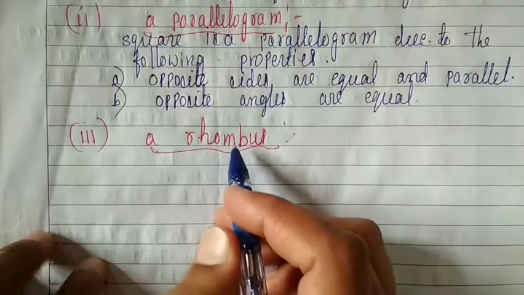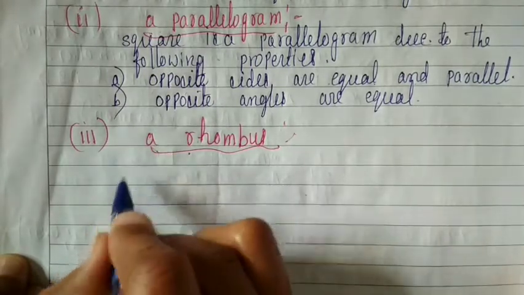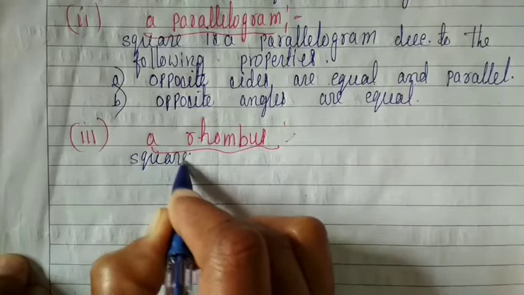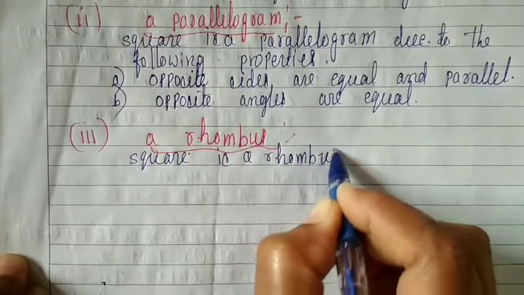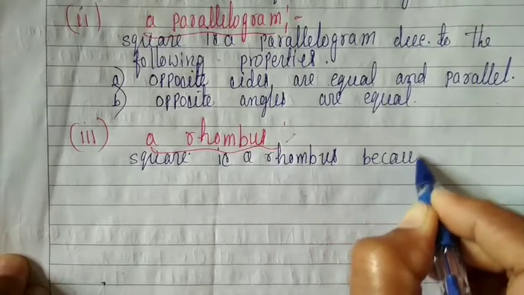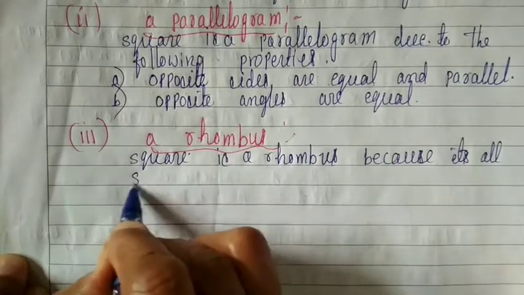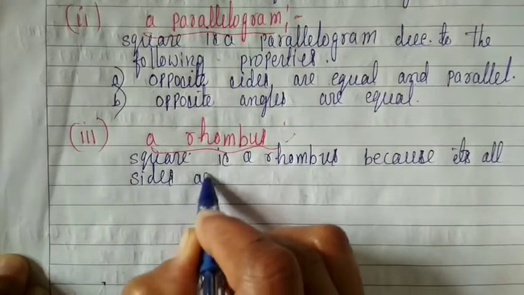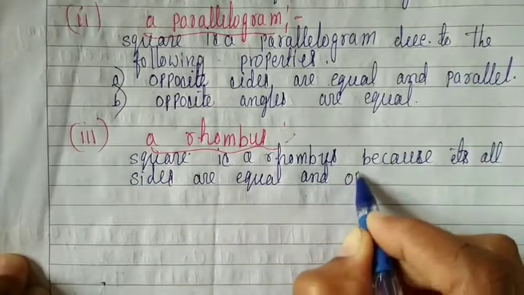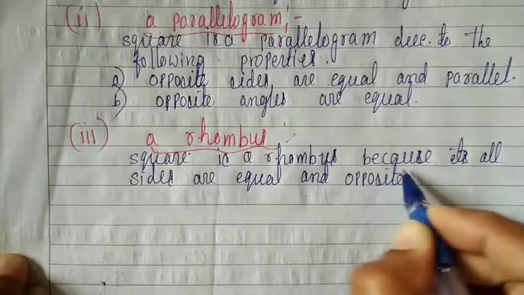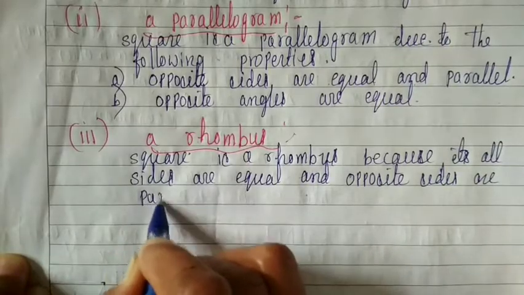Third, a rhombus. How is a square a rhombus? A square is a rhombus because all its sides are equal and opposite sides are parallel.